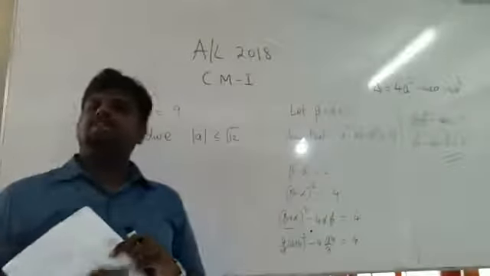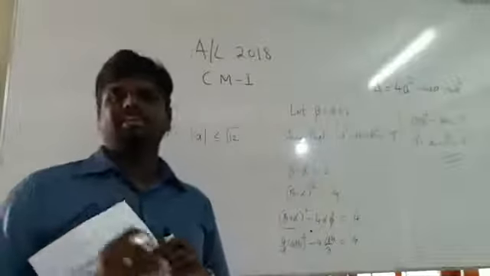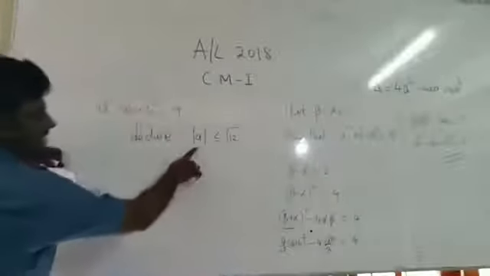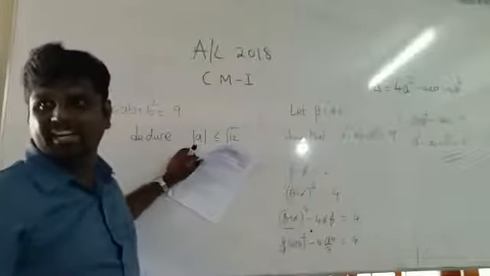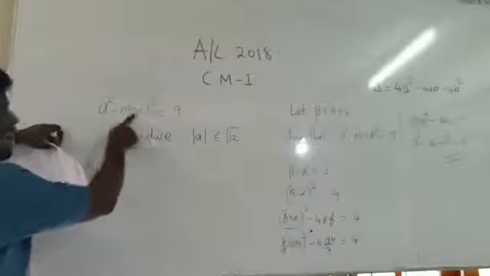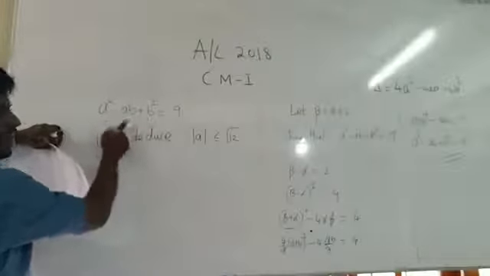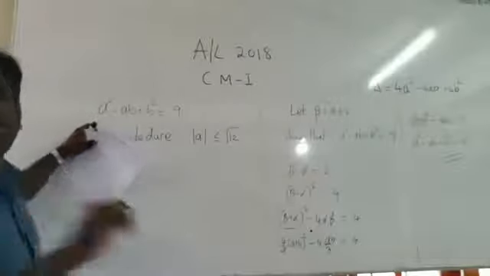So many students try this, which is a good idea. This is in terms of A, but here you have A and B. Actually, you can make this equation a quadratic equation in terms of B. How?